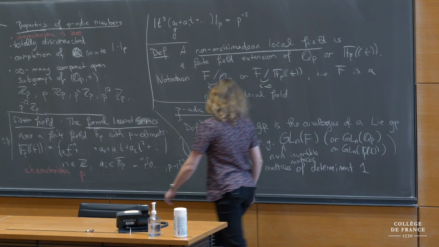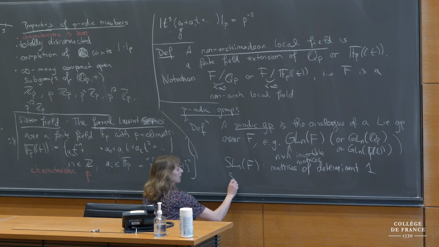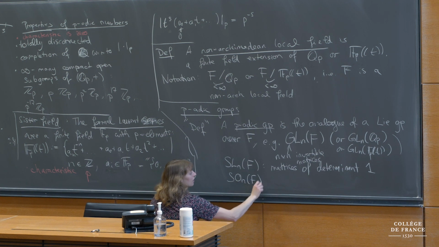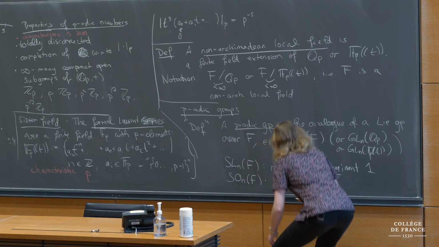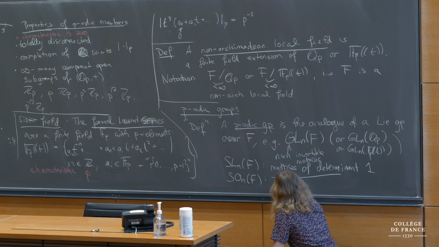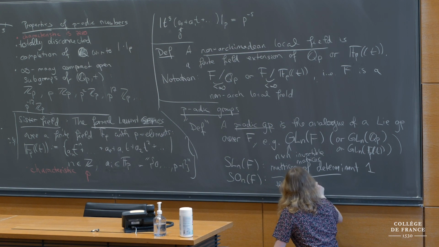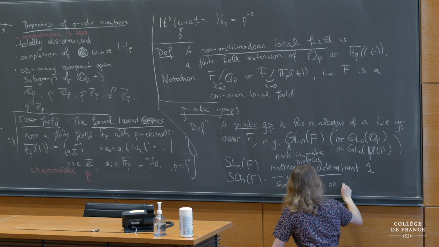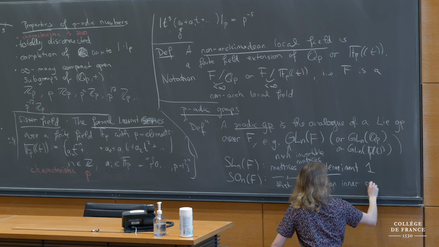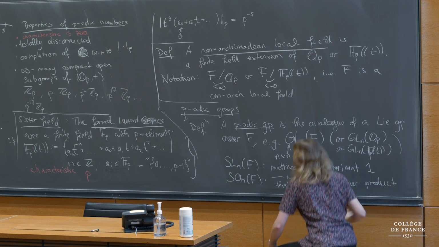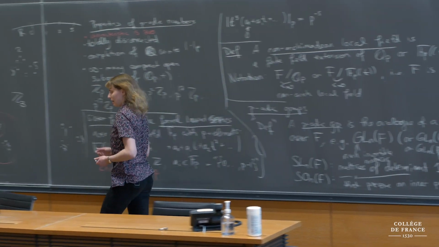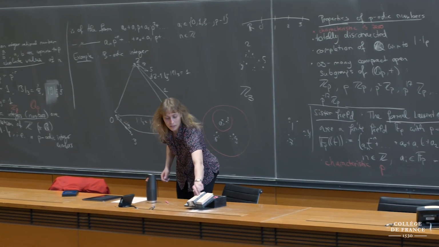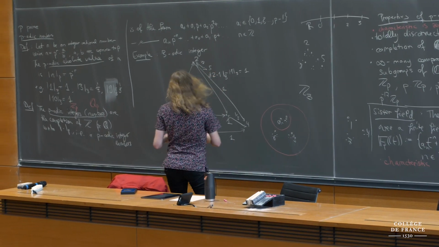Another classical example would be SO_n, which are all those matrices of determinant 1 that preserve an inner product. So those matrices that preserve an inner product form SO_n, the orthogonal group. And I give you one more example.